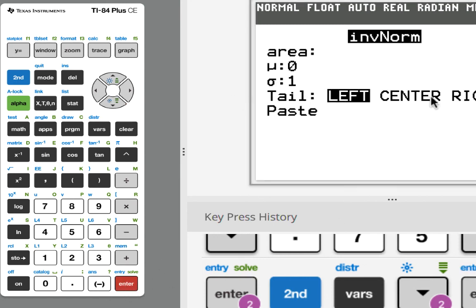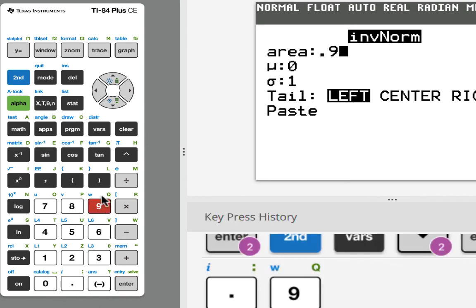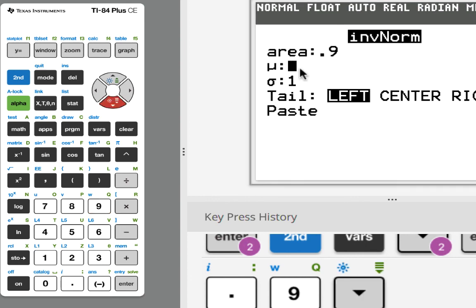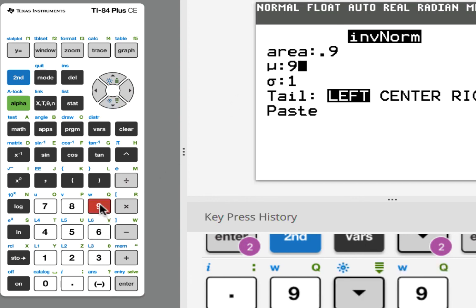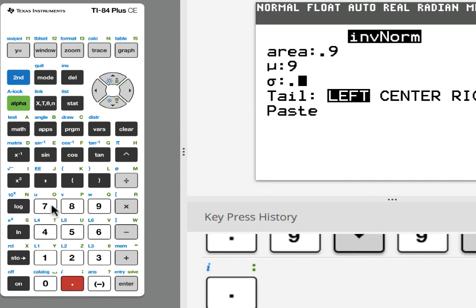this line which you're looking at, tail, most of you won't see it. Because of that, I'm just going to focus more on the area, and I'm going to leave this to the left. So area is 0.9. Mean, remember, was our 9, and the standard deviation is 0.75.